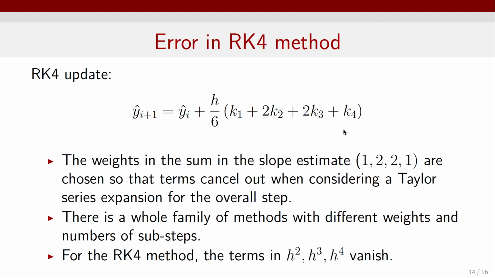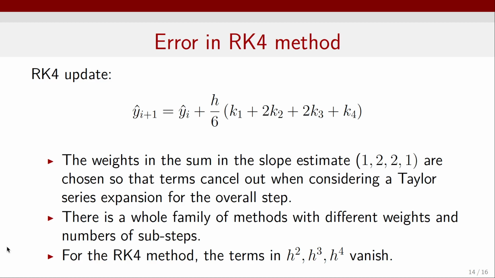Now, the weights in this sum have been chosen so that the terms cancel out when we consider a Taylor series expansion for the overall time step. There is a whole family of methods with different weights and with different numbers of substeps.